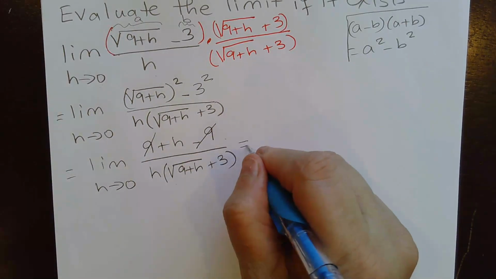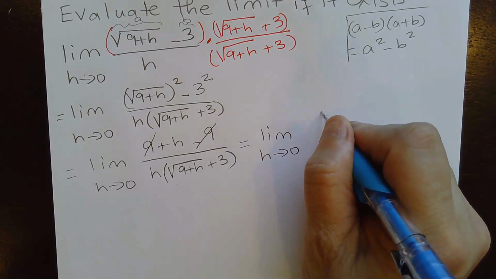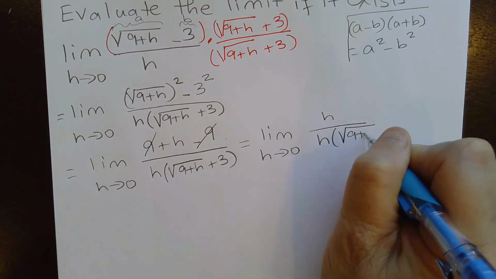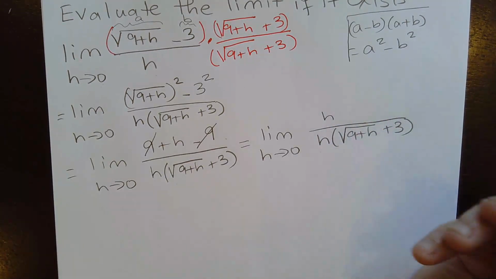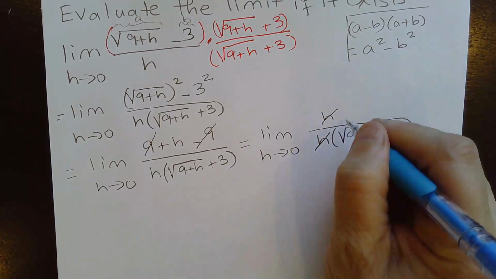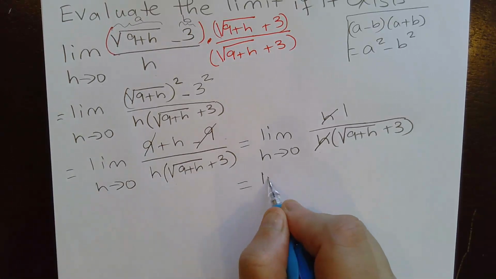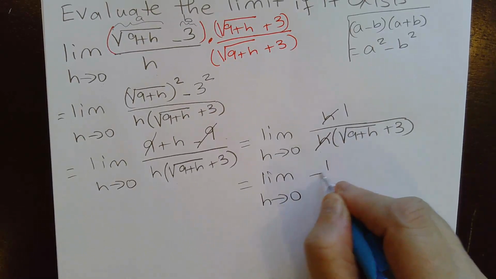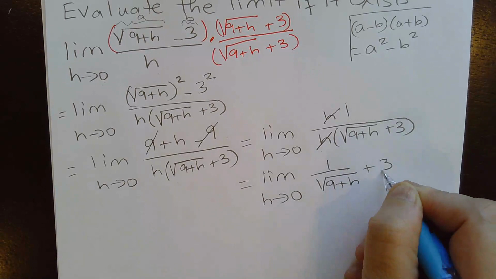You'll be left with the limit as h approaches 0 of h divided by h times square root of 9 plus h plus 3. The h and the h cancel out, so this will be 1, and you'll be left with the limit as h approaches 0 of 1 over square root of 9 plus h plus 3.